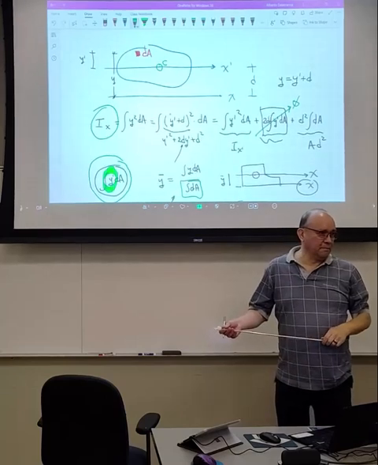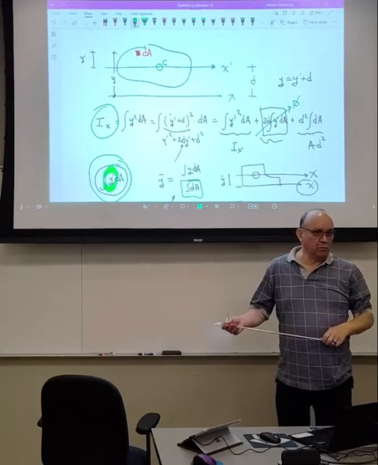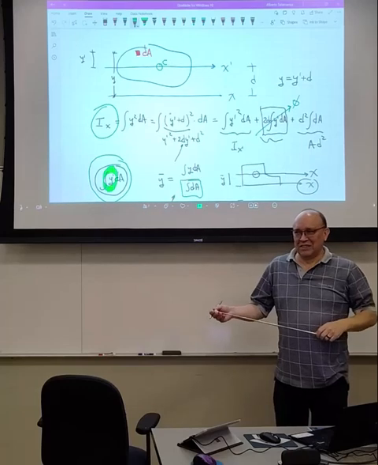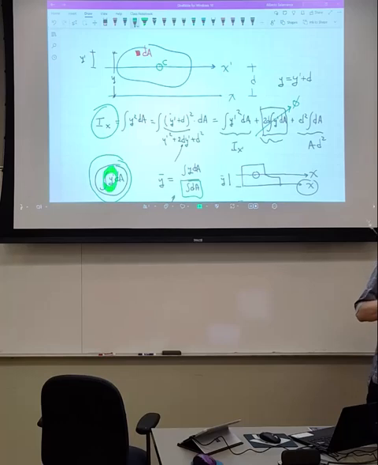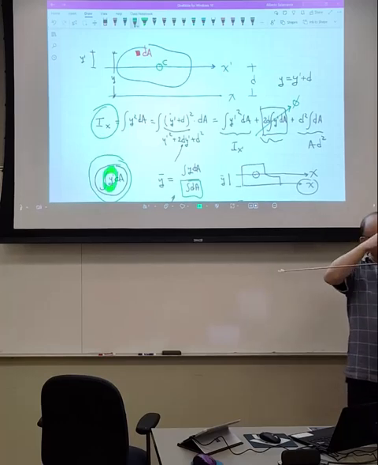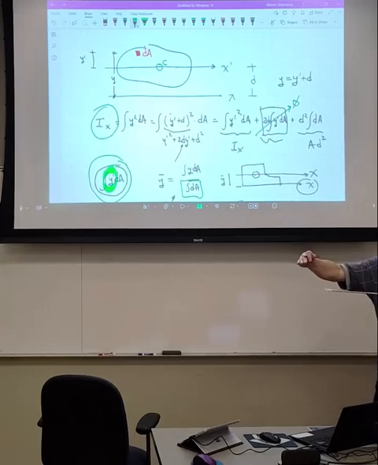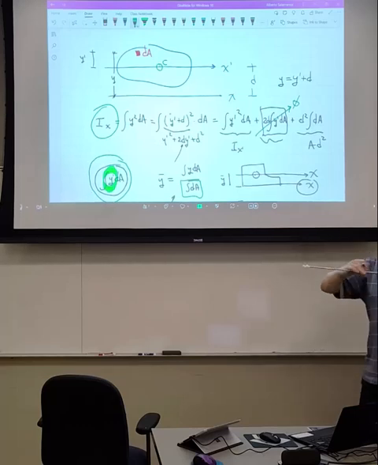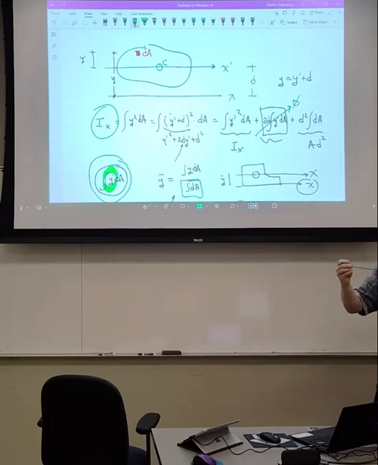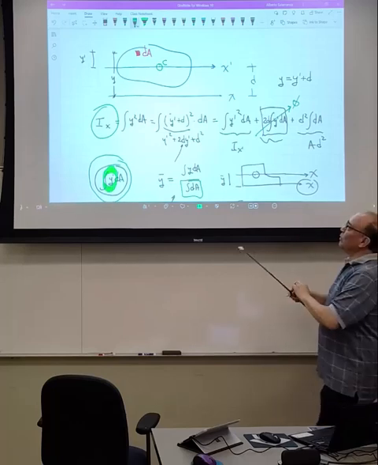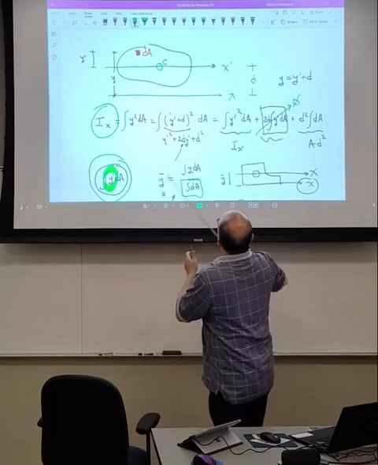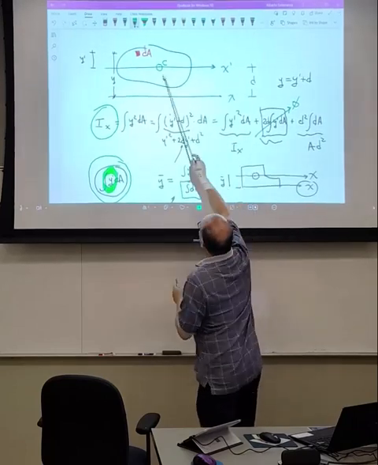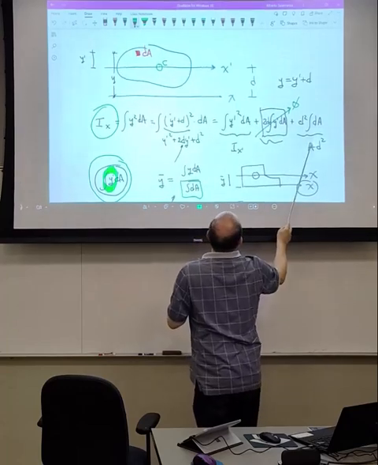Okay? Got it? Can we go on? Yes. Correct? Everybody? When you have two parallel axes, one of them going through the centroid, the moment of inertia with respect to the other axis is equal to the moment of inertia of the centroidal axis plus A d squared.